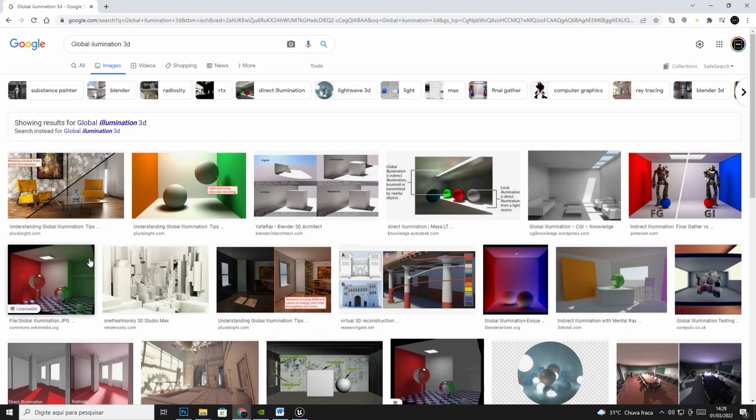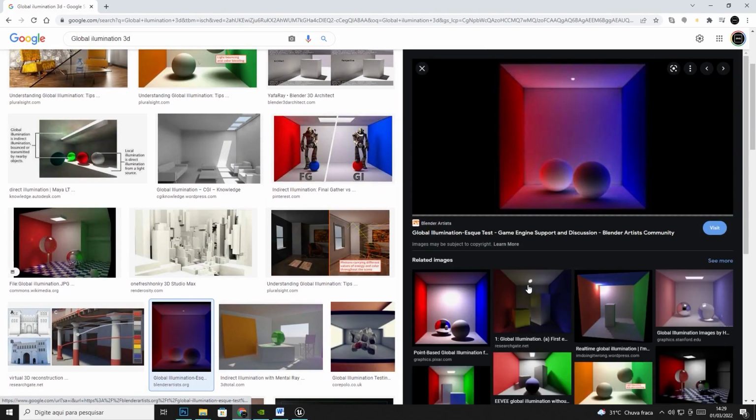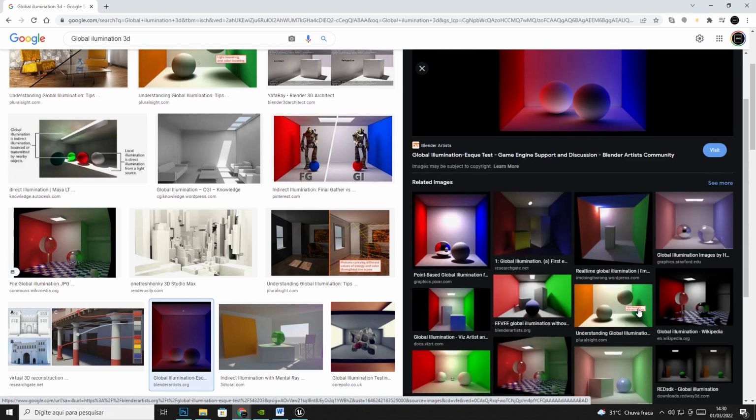Look at this. What is the global illumination of 3D? Well, these bouncings, they are basically here. That's it. Let's see another reference, a better one.